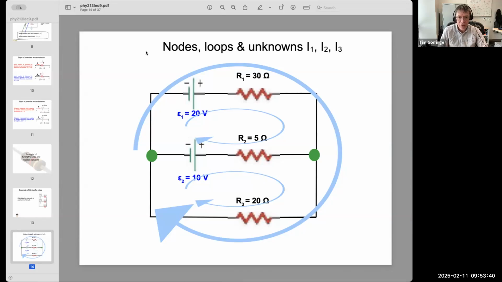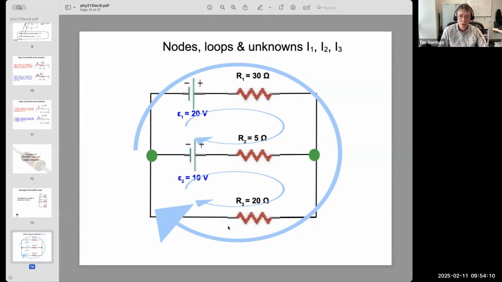What are the junctions? And I marked them here. So over here on the left is one node. It's where the 3 wires of the 3 arms of the circuit meet. And actually, there's another node, sort of mirror node, over here on the right-hand side, where the 3 arms of the circuit meet. So there are 2 junctions in here, and I could apply Kirchhoff's current law to those 2 junctions.